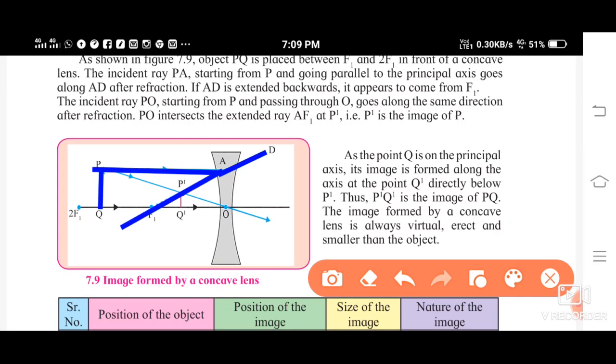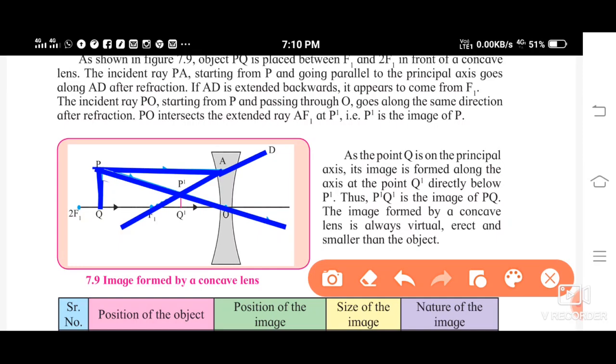Now one more ray is coming out from P and passes through the optical center O, and because it is passing through the optical center, it goes undeviated.